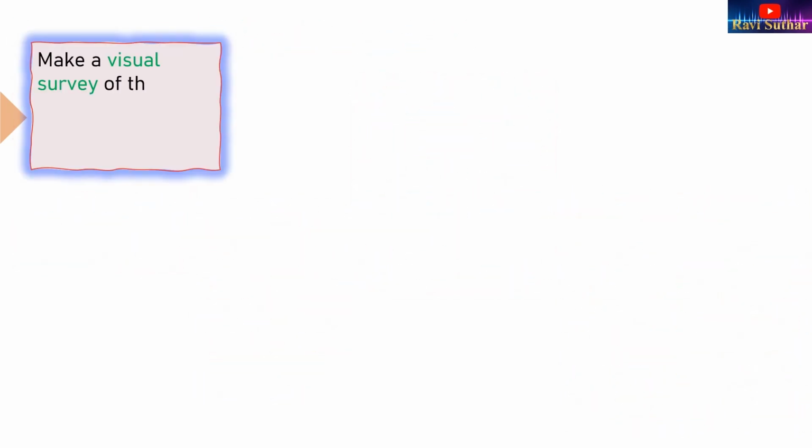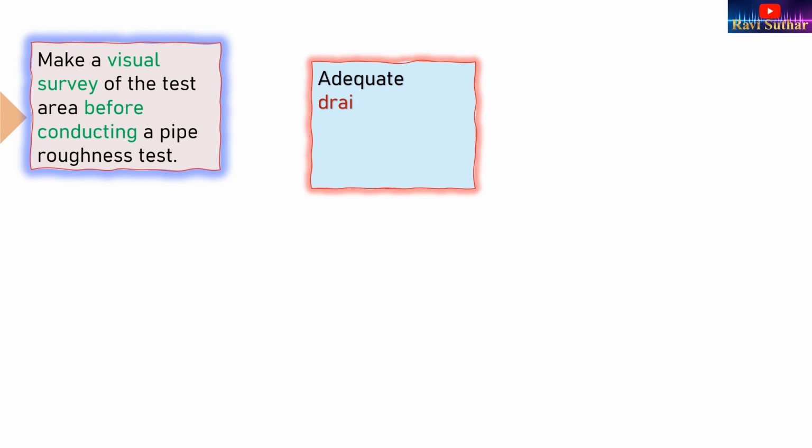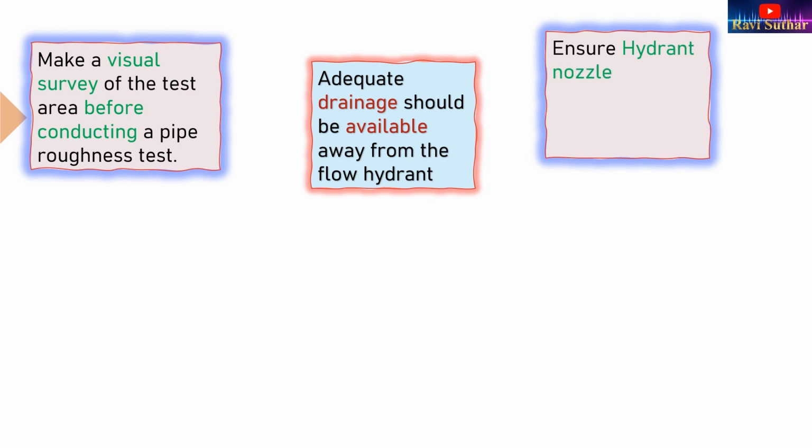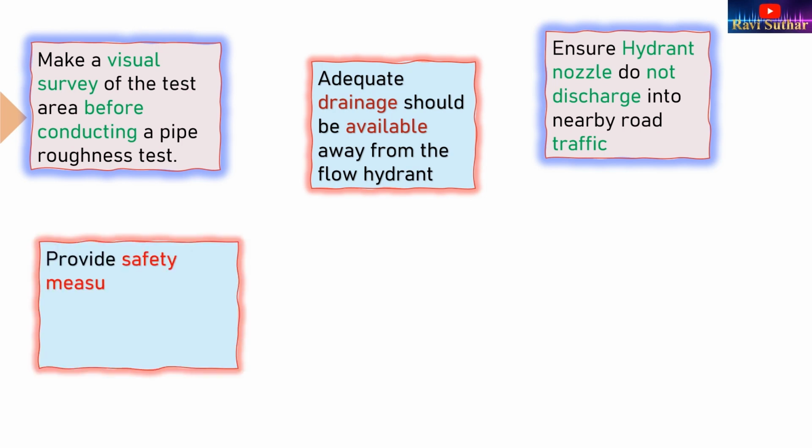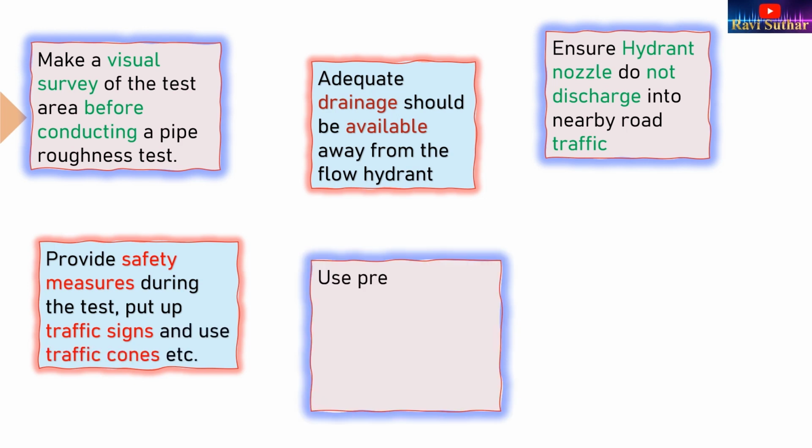Make a visual survey of the test area before conducting a pipe roughness test. Adequate drainage should be available away from the flow hydrant. Ensure hydrant nozzles do not discharge into nearby road traffic. Provide safety measures during the test: put up traffic signs and use traffic cones.